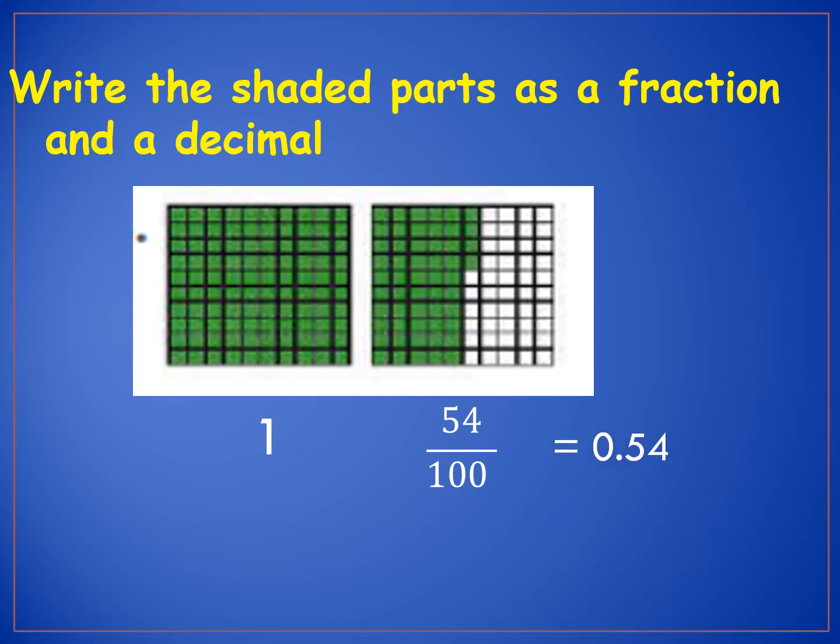And 1 and 0.54 will be exactly 1.54. As a fraction it will be one whole and 54 over 100, and as a decimal it will be 1.54.